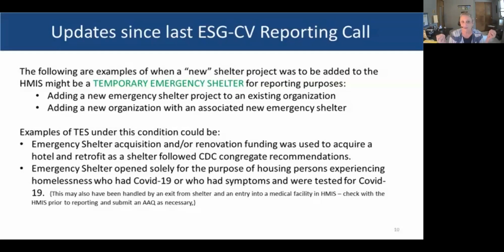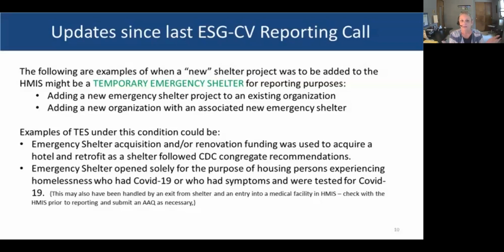Maybe the Red Cross never ran a shelter before for homeless people in your community, but with COVID, they were suddenly able to give some space for that, and so they did that, and they're only going to do it temporarily for this corona. Then that counts. Or there's a brand new organization that's associated with doing emergency shelters.